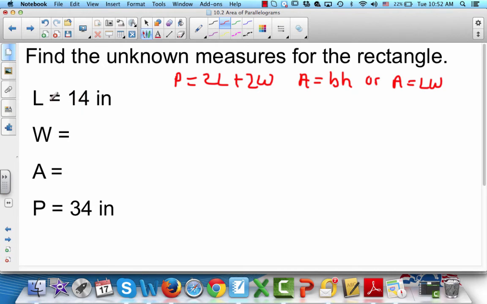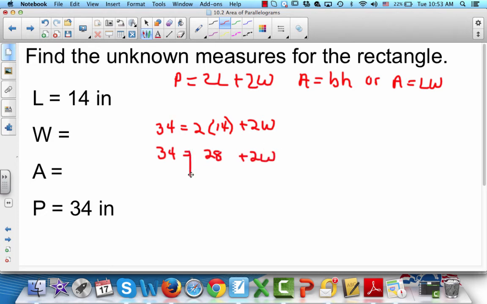So we've got a length of 14. We don't know the width, we don't know the area, but we do know the perimeter. So we know the perimeter, which is 34. We know the length, which is 14. So we try to find the width. So that gives us 34 equals 28 plus 2w.